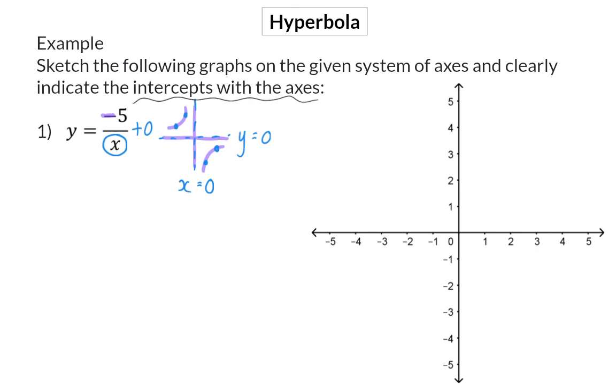The first value I will substitute will be -5, because -5 divided by -5 gives me 1, and my first coordinate will be -5 and 1. Another easy negative x value to substitute is -1, because -5 divided by -1 is simply 5. So my second coordinate will be -1 and 5.